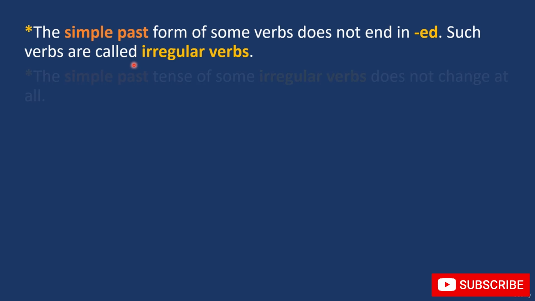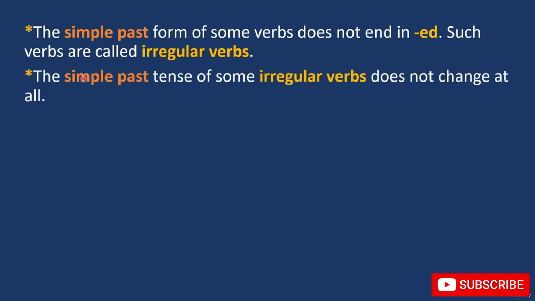Like what? Let's have the rest of the explanation. The simple past tense of some irregular verbs does not change at all. So we have some verbs that are the same, no difference at all, and some other verbs have a past and past participle, but without adding ed.